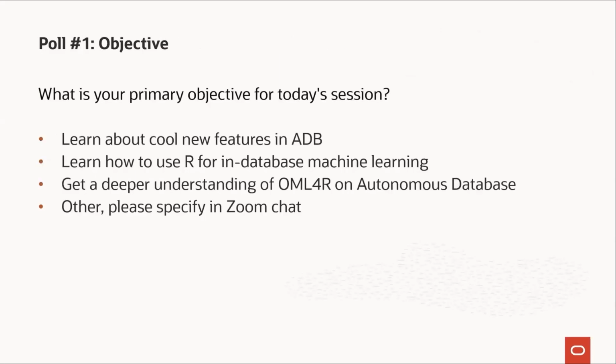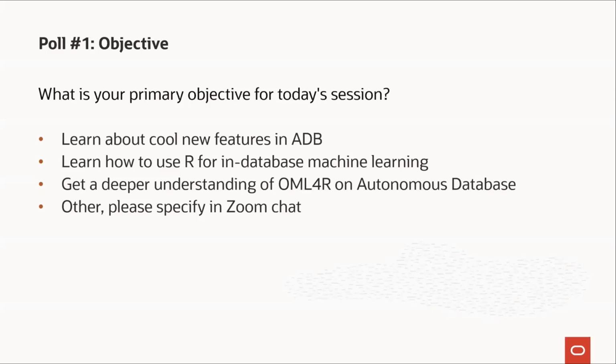But before we get started, let's hear from you regarding your primary objective for today's session. Is your goal to learn about anything cool with respect to Autonomous Database? Or learn how to use R for in-database machine learning, get a deeper understanding of OML for R, or something else, which you can specify in the chat.